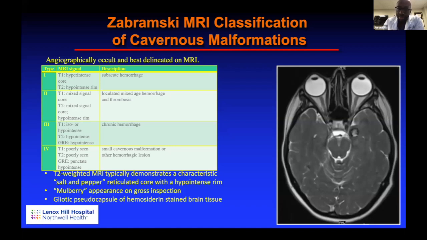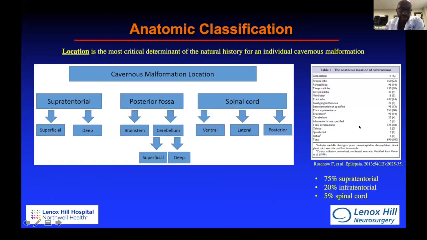The appearance on the MRI is also called a salt and pepper reticular appearance. So when we see these, we can readily identify them as opposed to something like a tumor, which is often contrast enhancing and doesn't have the characteristic hemosiderin-laden capsule that these cavernomas have.